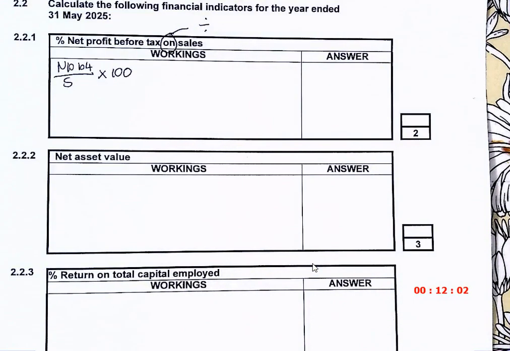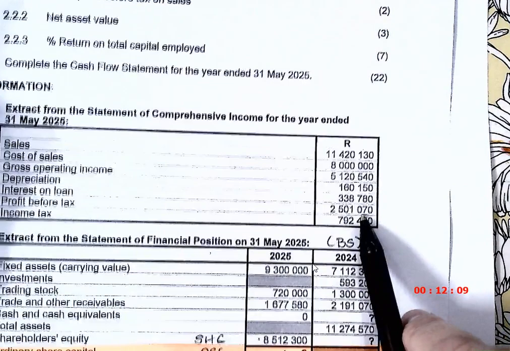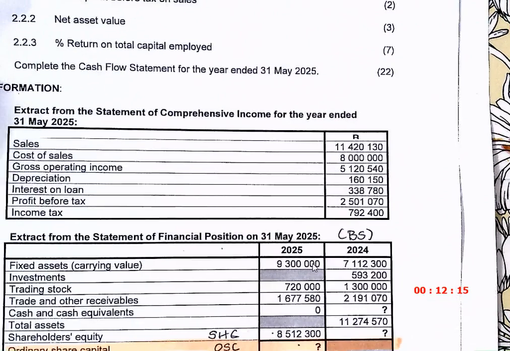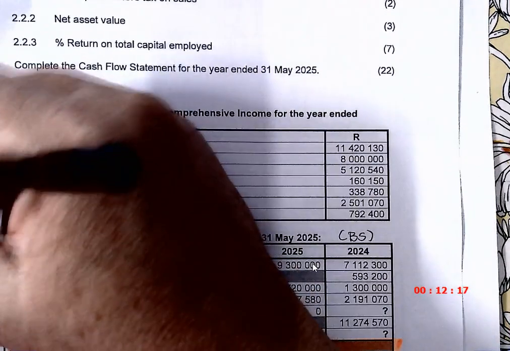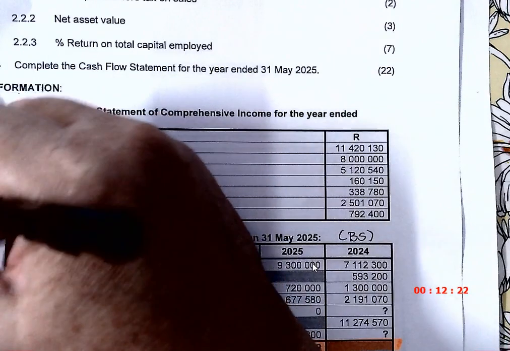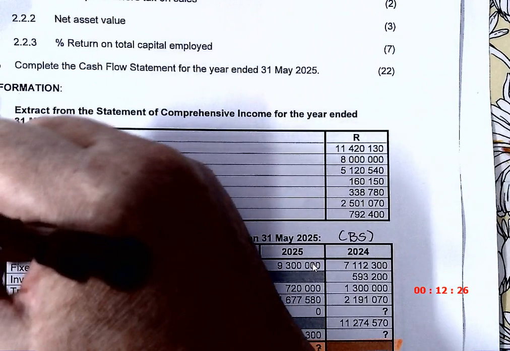So I go look at the income statement and I see net profit before tax. What would have happened if they didn't give you net profit before tax, but they gave you net profit after tax? Always remember this. Net profit before minus tax gives you net profit after.